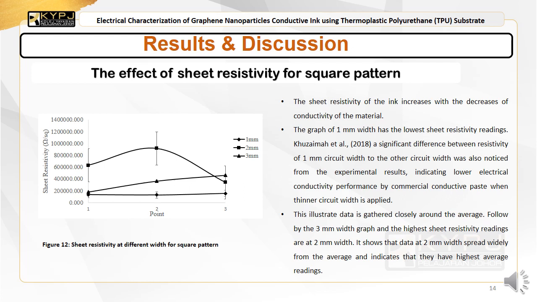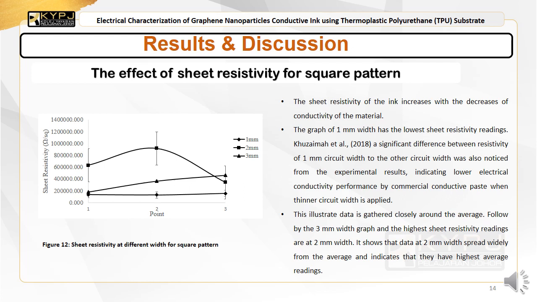Kuzaima, a significant difference between resistivity of 1 mm circuit width to the other circuit width was also noticed from the experiment result, indicating lower electrical conductivity performance by commercial conductive paste when thinner circuit width is applied.